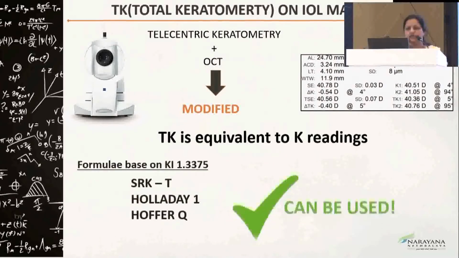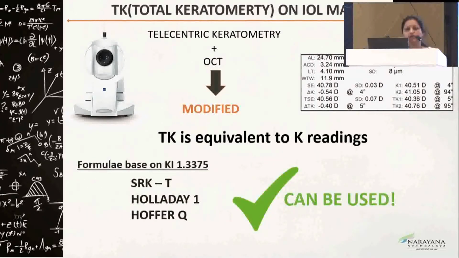Coming to TK, or the total keratometry, on IOL Master. It gives us both the anterior and the posterior curvature. The anterior is measured by telecentric keratometry, whereas the posterior cornea is measured by swept source OCT. It doesn't directly give us the posterior and anterior algebraic sum.